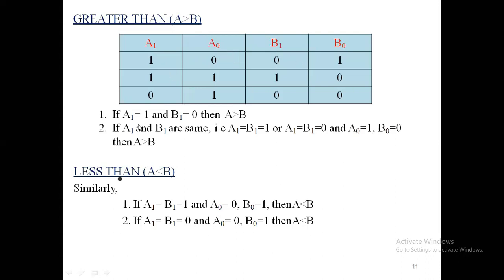So if A1 and B1 are the same, that is A1 B1 is equal to 1, or if A1 B1 is equal to 0 and A0 is equal to 1, B0 is equal to 0, first we have to see here.